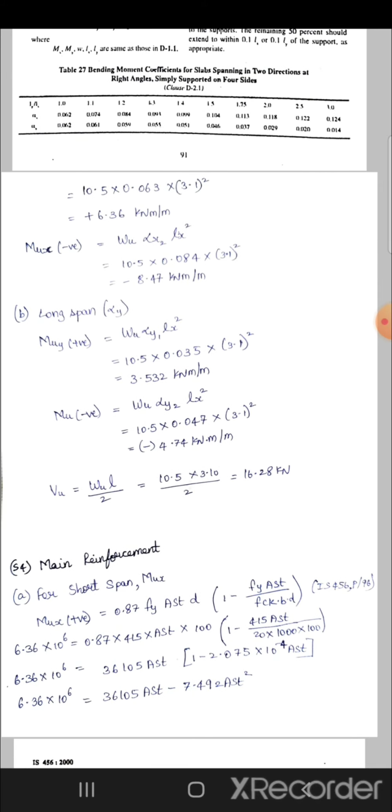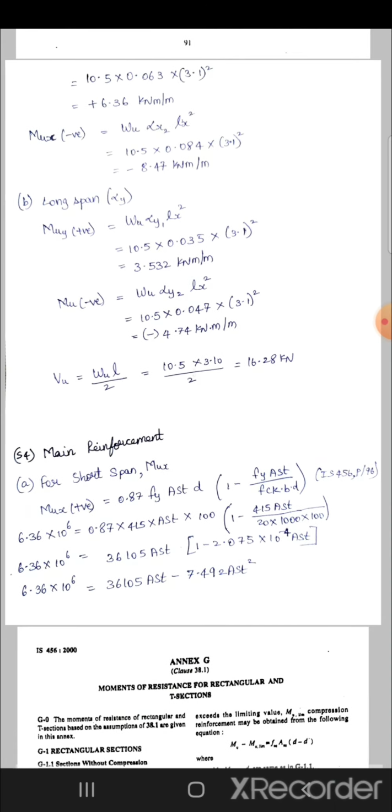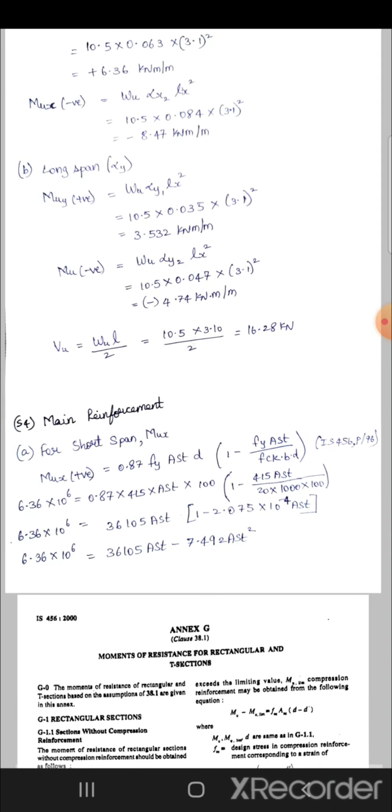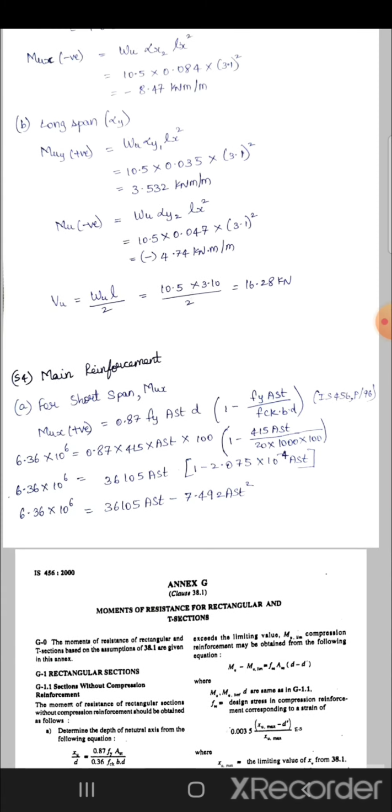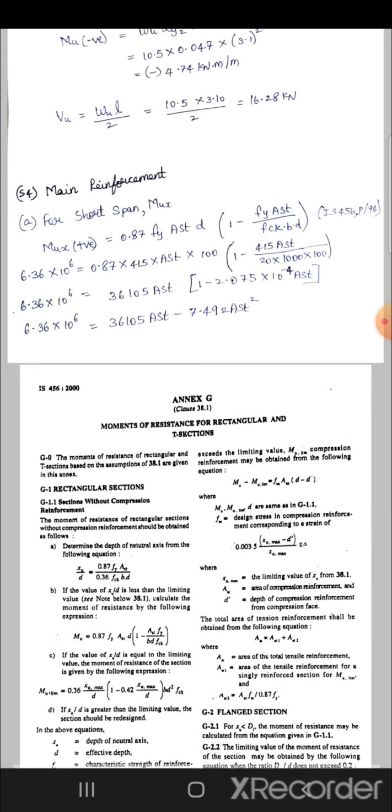Next is for short span negative, we get minus 8.47 kilonewton meter per meter. Long span positive, we get 3.532 and negative minus 4.74. Next is ultimate shear force. Formula is ultimate load into effective span by 2. Answer is 16.28 kilonewton.